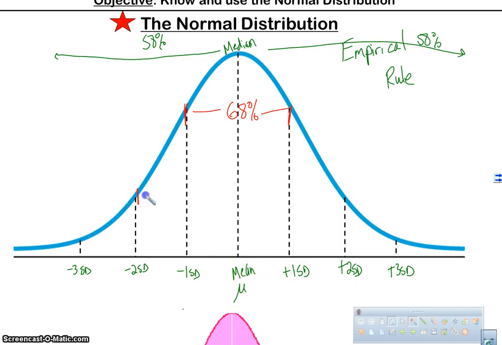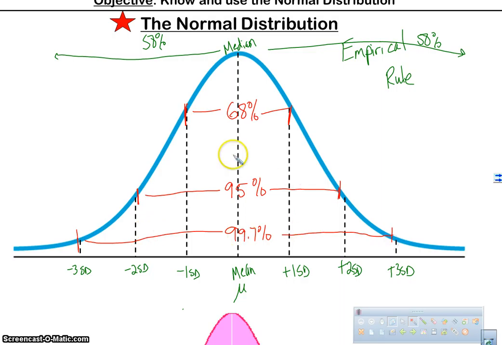Even more, between two standard deviations is 95%. And then finally, between three standard deviations is 99.7% of the population. 99.7% of everything in the population is going to be between these numbers here, and you'll see an example of what I mean in the next example.